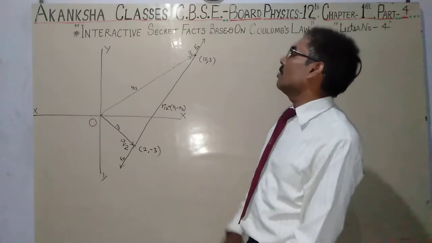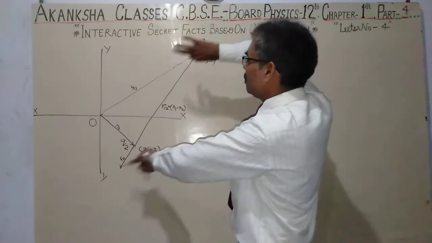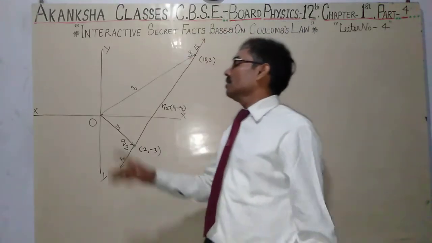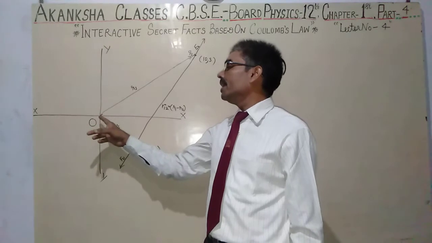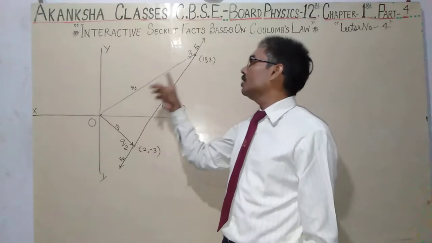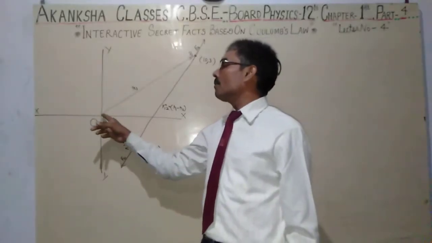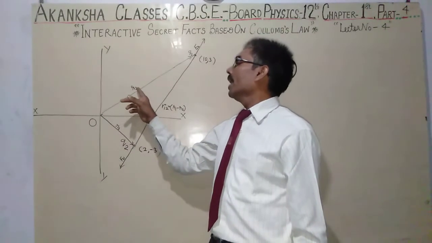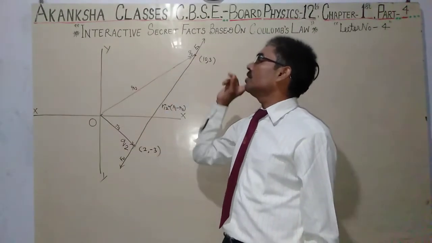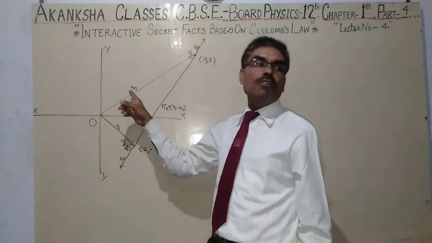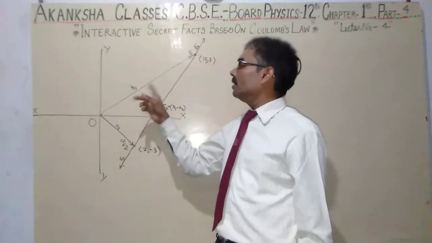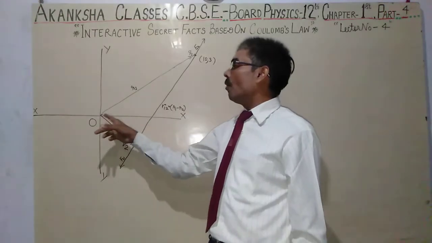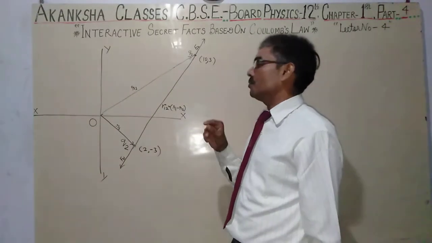Hence, the direction of force will be on the opposite side, and the position vector will be the line joining them from the origin. This starts from the origin and goes to charge 1. Hence, this position vector is represented by R1. This means it starts from the origin and goes to charge 1.